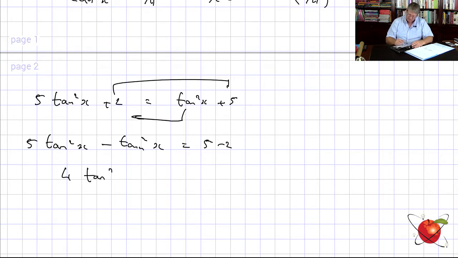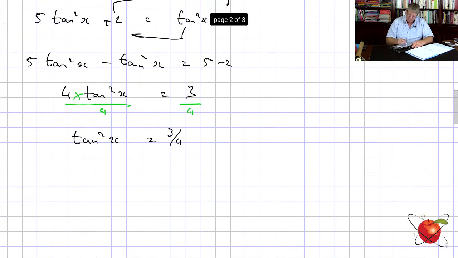Tan squared x is equal to 3. Now, remember what is between these guys here? A multiplication sign. So I must divide both sides by 4, leaving me with tan squared x equal to 3 over 4. What is my next step?